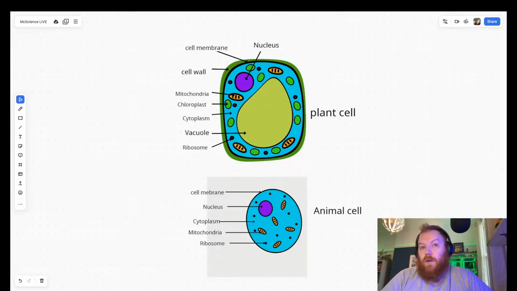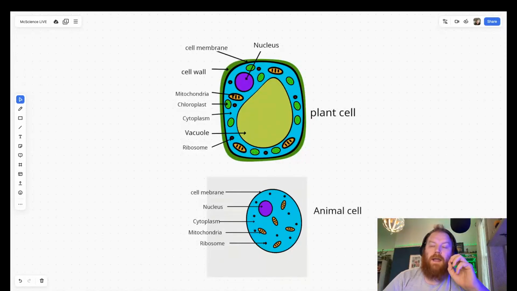They do have a nucleus, just like a plant and animal cell, because all eukaryotic cells do. And their cell wall is actually made out of chitin instead of cellulose, which a plant cell would have, or like I said, peptidoglycan that the bacterial cell would have.